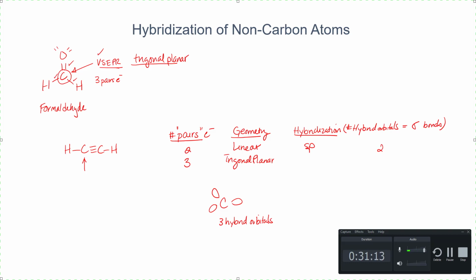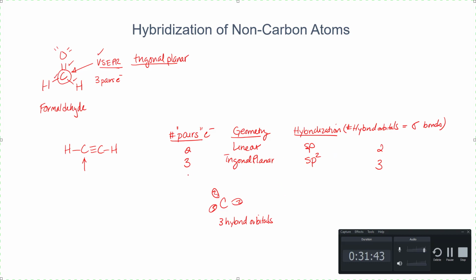That's linear geometry, which we're counting as two electron pairs. In a trigonal planar geometry, how many hybrid orbitals do we have? We have 3 hybrid orbitals. 3 hybrid orbitals means what geometry? sp2. S and 2 p's. Okay?